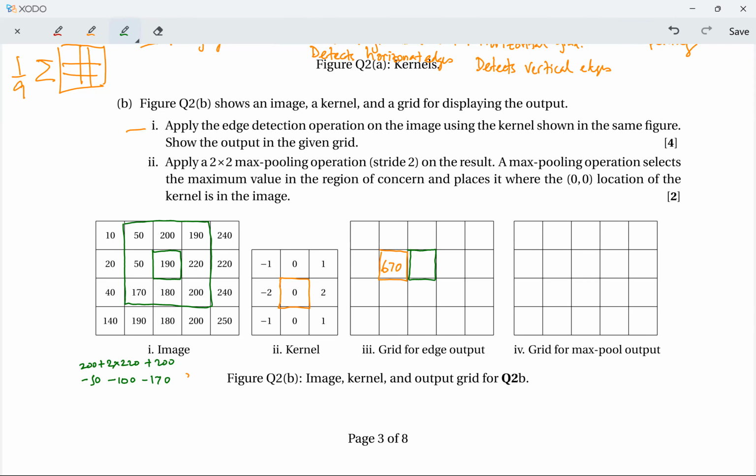So this is the answer that you would get there. I hope these numbers are correct. 520.